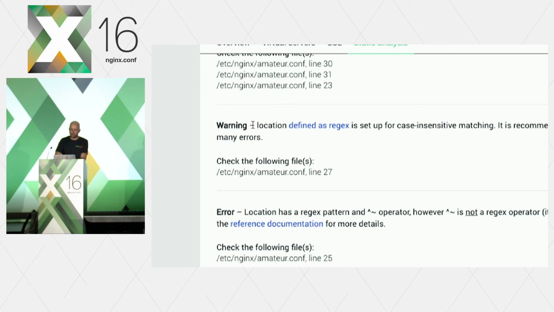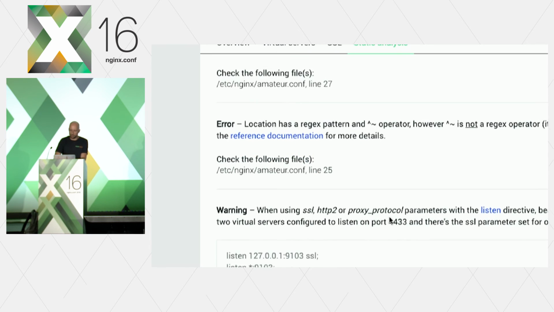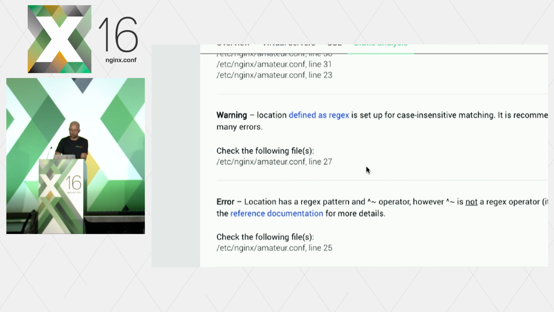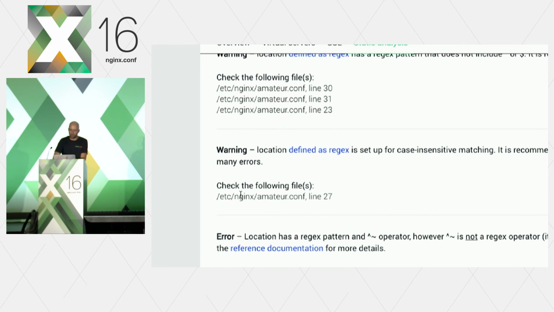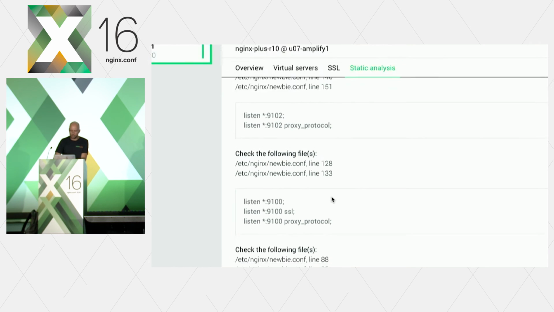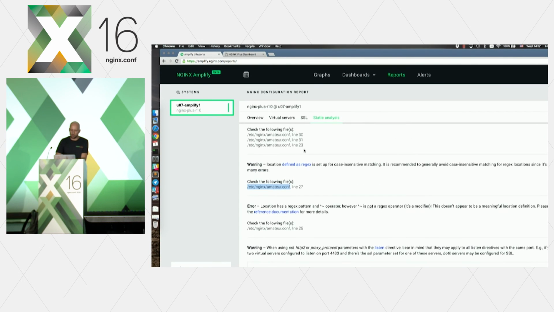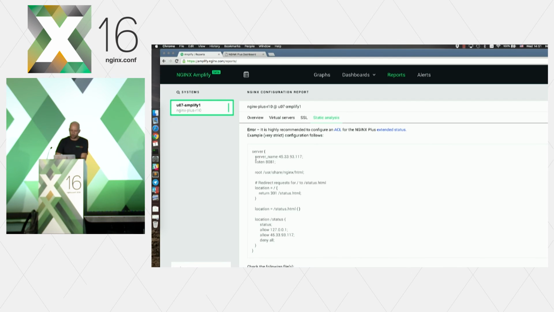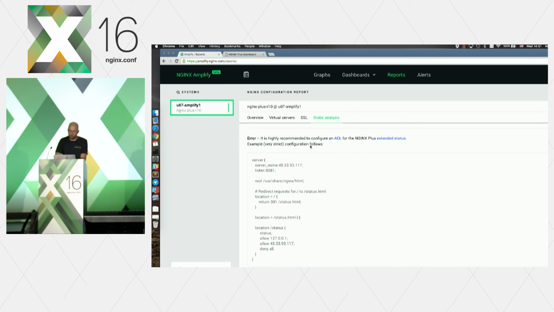In different cases, when your location is defined with regular expressions that are not optimal or can even be ignored, that also shows directly in the configuration. And it shows it together with the configuration line. And when the changes can be done with the addition of specific configuration directives, it is also showing the directives that need to be added in the configuration itself.